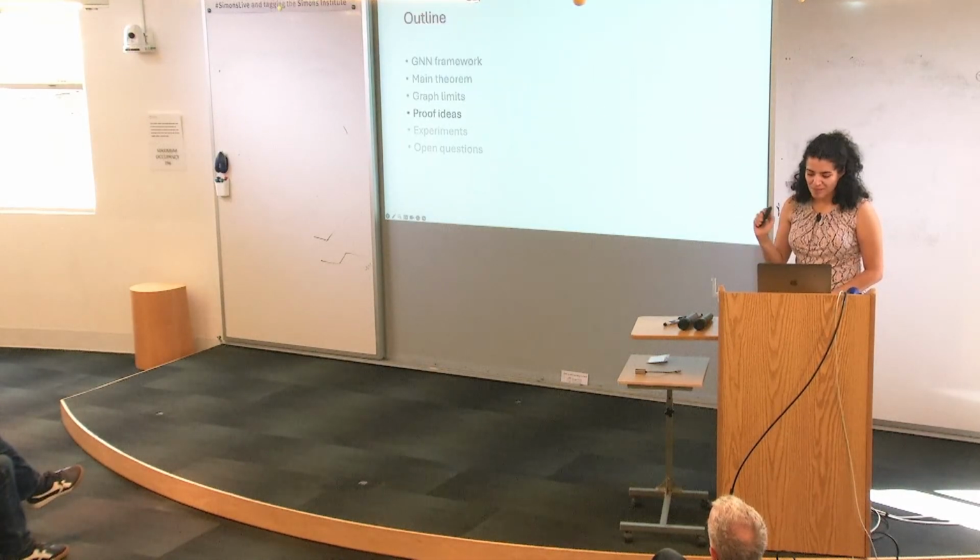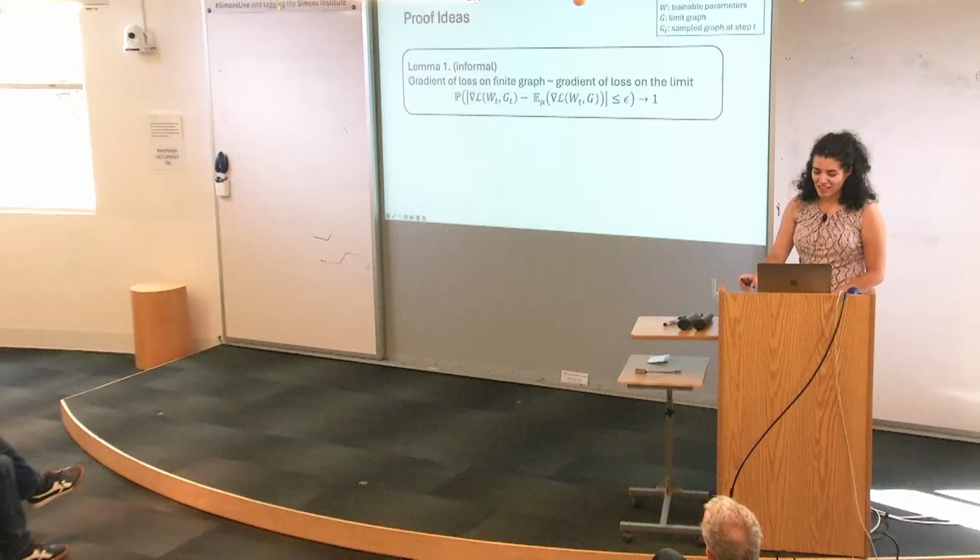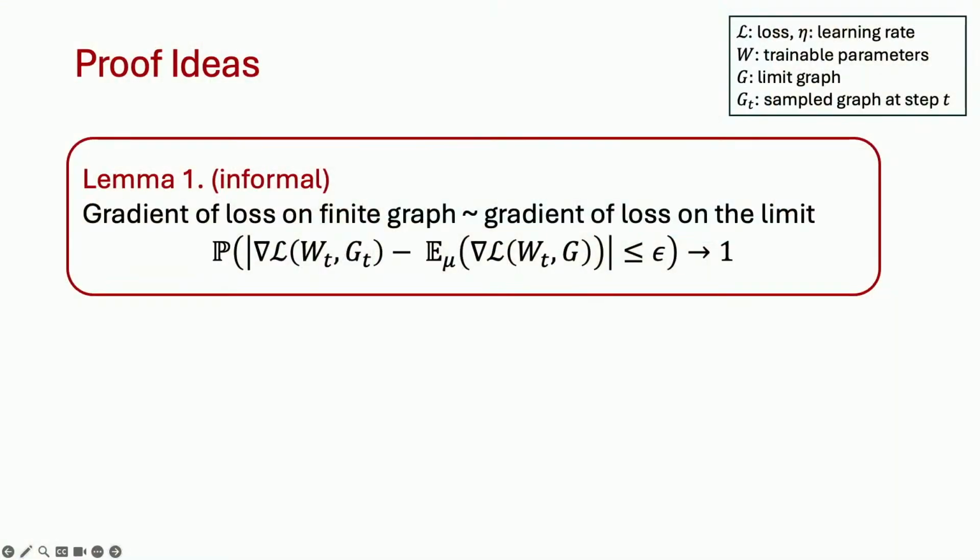The main proof idea, I'm going to separate into 2 steps. The first is an informal lemma where I compare the gradient of the loss on the finite graph with the gradient of the loss in the infinite version. W_t is the trainable parameter for fixed t on the small subgraphs, and I see what happens if I use that same parameter on the infinite limit.